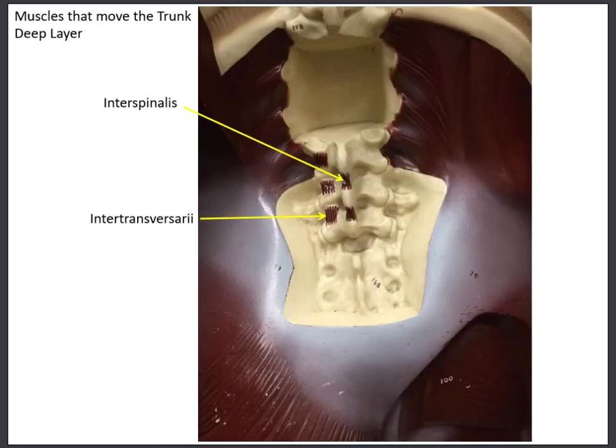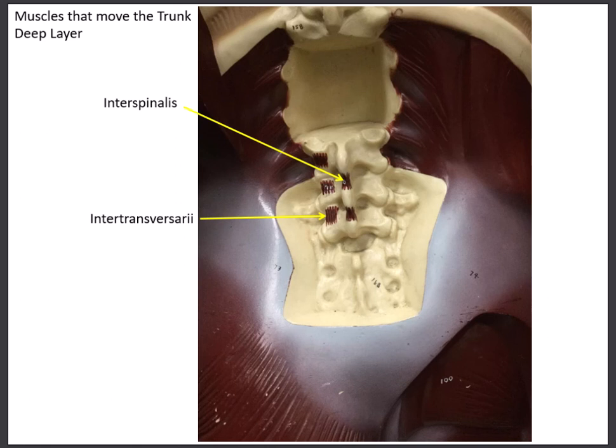This is a model that does show, we only have one model that actually shows the segmental muscles. So what we're looking at here is the lumbar spine. You can recognize that because here's the sacrum, L5, L4 spinous process, L3. So between L3 and L4 right here, this muscle right in between the spinuses is going to be the interspinalis, and they run all the way up to the cervical spine.